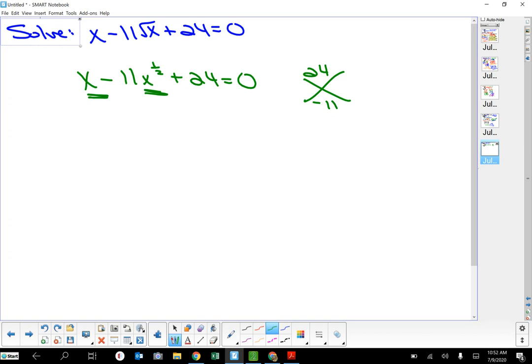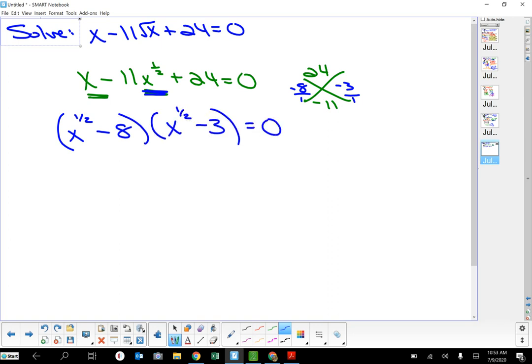And the factors of 24 that would give us an 11 are 8 and 3. I don't need to do any division. I'm dividing by 1. So remember, when you do these now, your factors in here are going to get the power on the middle term. So this is going to get x to the 1/2 minus 8 and x to the 1/2 minus 3 equals 0.